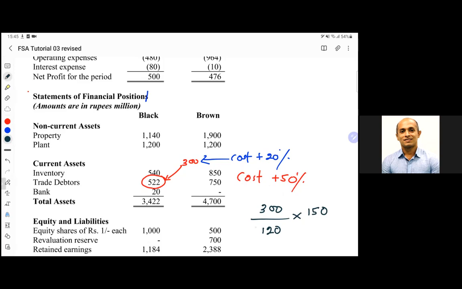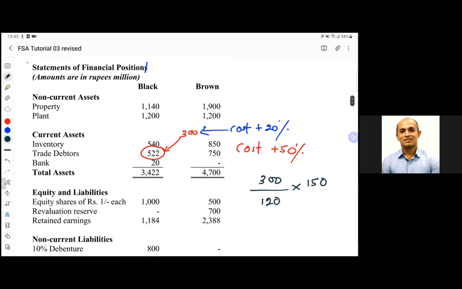So 300 divided by 120 multiplied by 150 gives the transaction at the usual transaction price, which is 375. So if this transaction is recorded at the normal transaction price, the value should be 375.